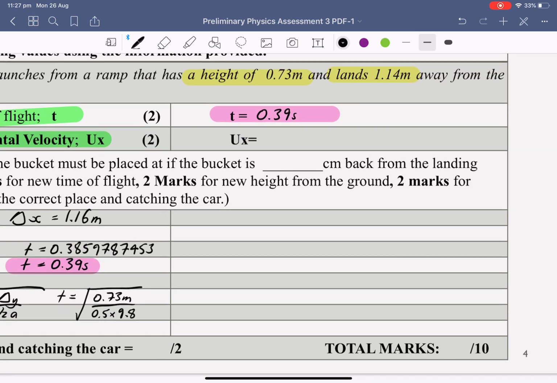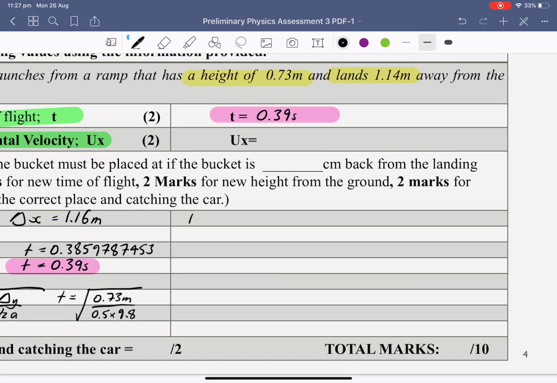So now we're going to focus on the next part of the question, which is calculating the horizontal velocity. UX, the horizontal velocity, is simply distance divided by time, which is equal to 1.16 meters divided by 0.39. If we plug that in our calculator, 1.16 divided by 0.39, we get 2.974358974.